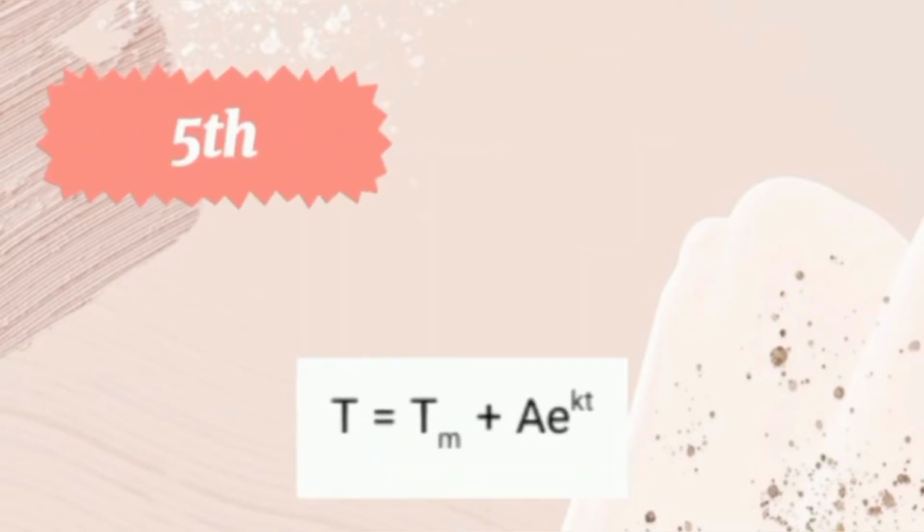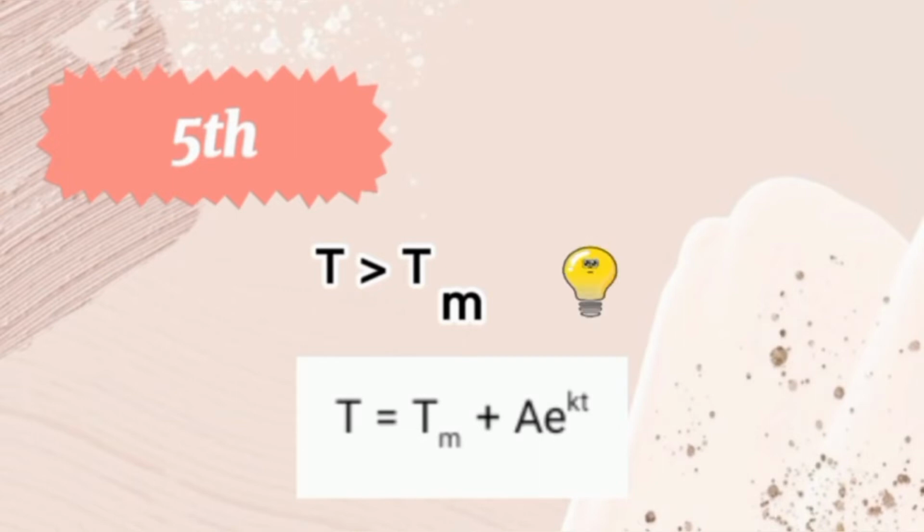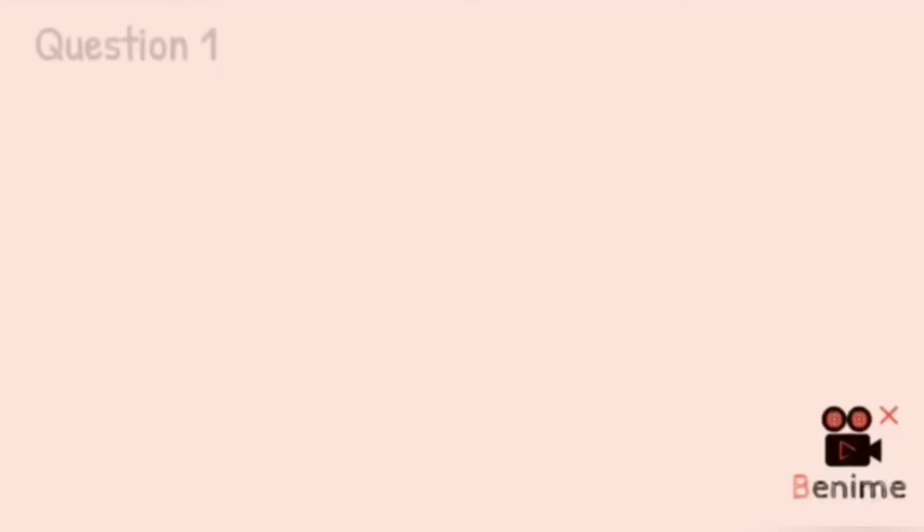Since the object is cooling down to the surrounding temperature, the temperature of the object will always be higher than the temperature of the surrounding environment, where in the formula T is greater than Tm. Therefore, the simplified equation should be T equals Tm plus Ae to the power of kt.